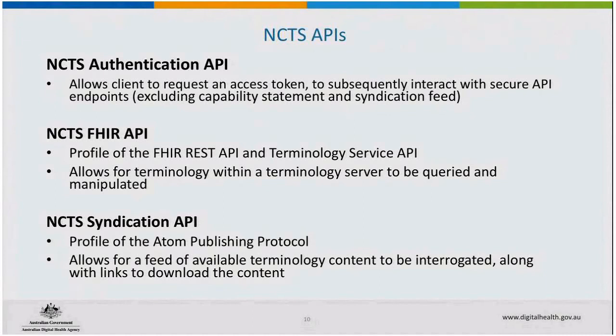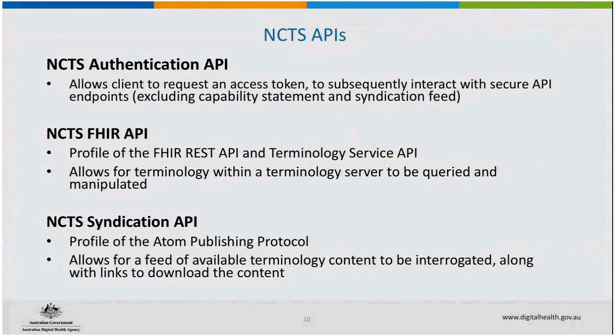And so finally, we have the syndication API. That's available to query available terminology publications and resources via an Atom XML feed. Primarily, the syndication feed is for use with conformant syndication servers, of which Ontoserver supports and will syndicate with the national syndication service to pull down updated binary indexes, and they'll be made available as releases are on the NCTS.